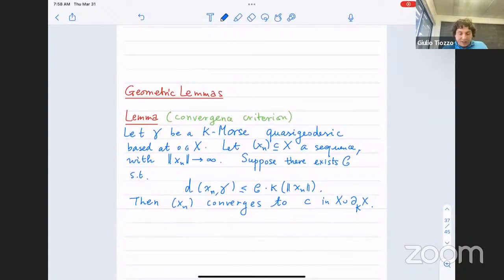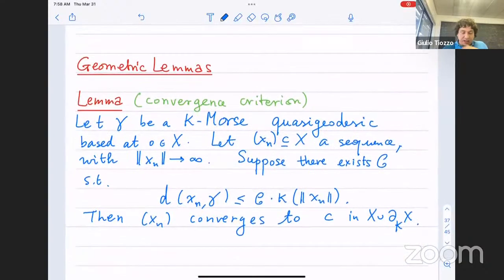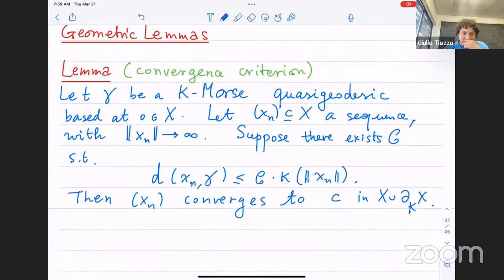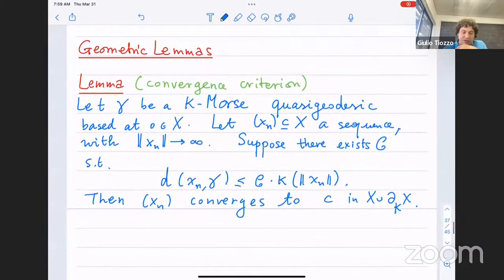In general, there are two geometric lemmas that we're going to use, and maybe some version thereof was discussed in Kazer's talk. So the first lemma is how do we prove convergence?